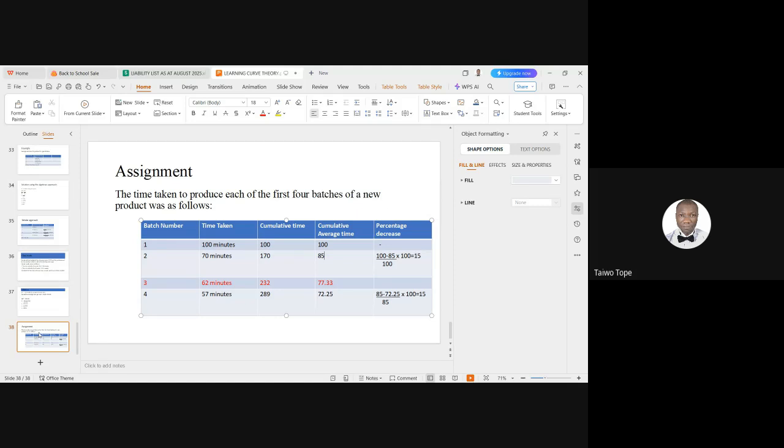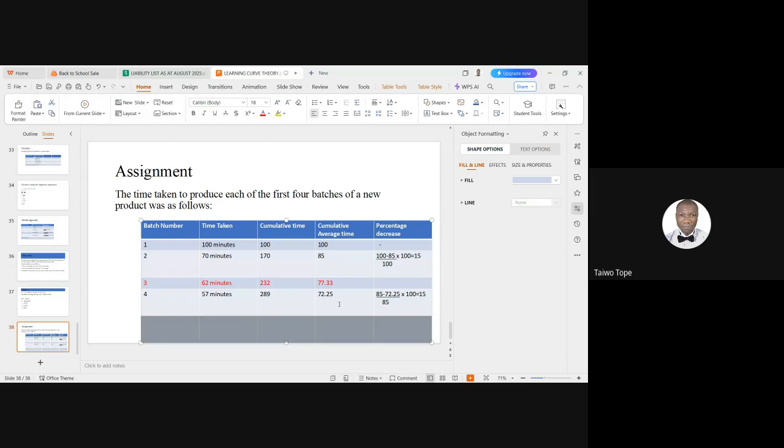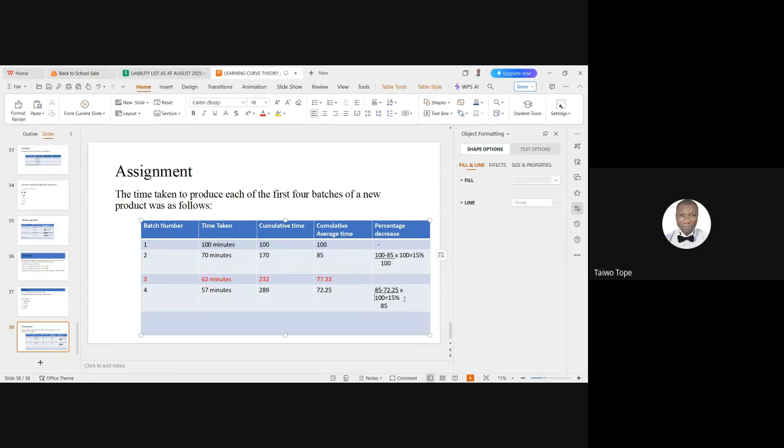So using the algebraic approach, the result will be what? 90%.